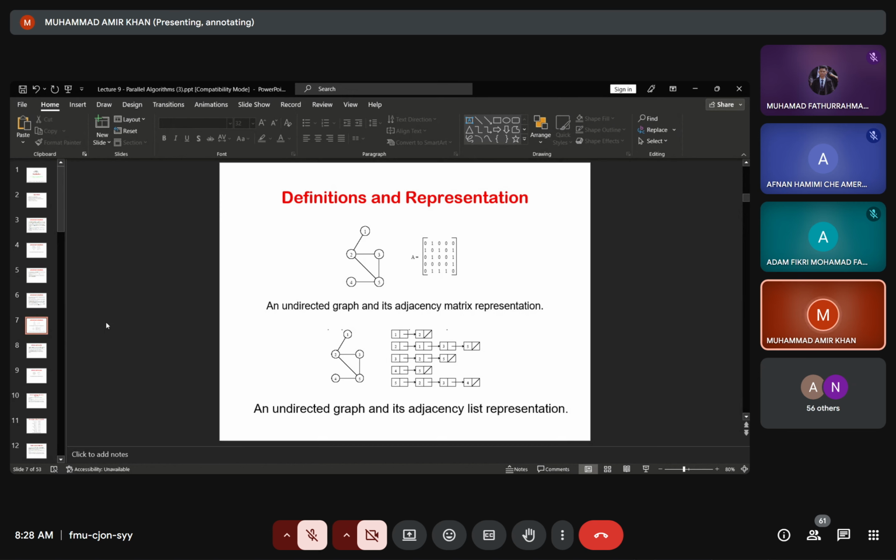Node 4 is only connected with 5, and draw the diagonal line. Node 5 is directly connected with 2, 3, and 4. After 4, there is no other node, so you have to draw the diagonal line box, it means null, it means no other connection.